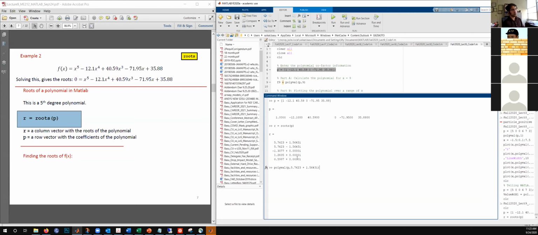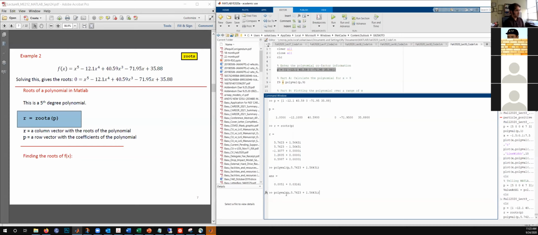Because it is a root. If we place the value of that root into the polynomial, the answer should be 0. And we don't really get 0, but we get something which is very close to 0. The reason being, everything here with MATLAB is a numerical solution.